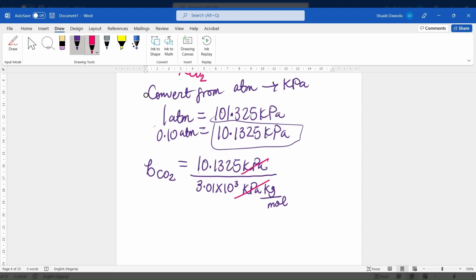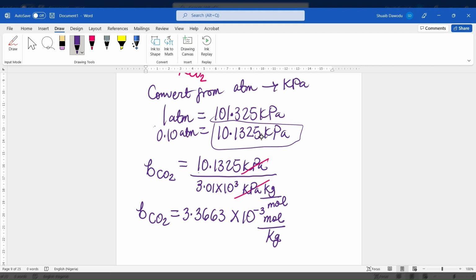You can do the calculation. Or b sub CO2 is just simply going to be 3.3663 times 10 raised to the power of negative 3 mole per kilogram. When you do the calculation, this is what you get.